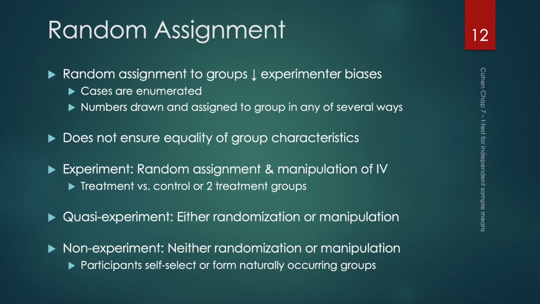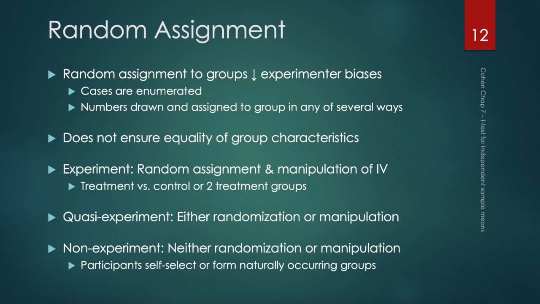You also can use quasi-experimental designs with this, and that's either using randomization or manipulation. But the idea is still the same, where you aren't in full control over what group they're in or the manipulation they're getting. And then the last one is a non-experiment, and that's neither randomization nor manipulation. You have no control over either. That's when participants self-select or form naturally occurring groups.